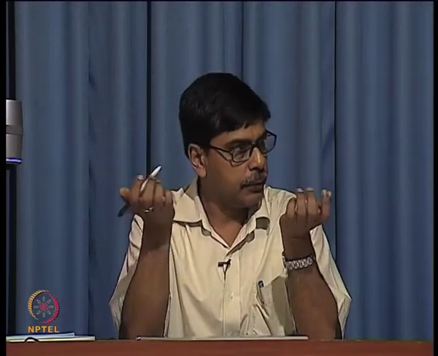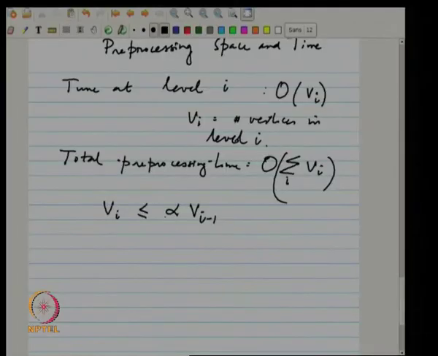So, at every level, the vertices is a constant fraction less than the previous level. The total work that we do is proportional to the number of vertices, because edges and faces are all proportional to the number of vertices. So everything becomes basically proportional to the number of vertices, and since this is a constant fraction, this is just a geometric series, which is nothing but order V.